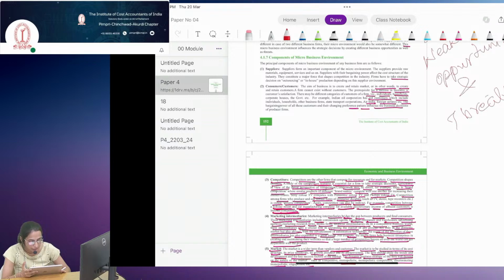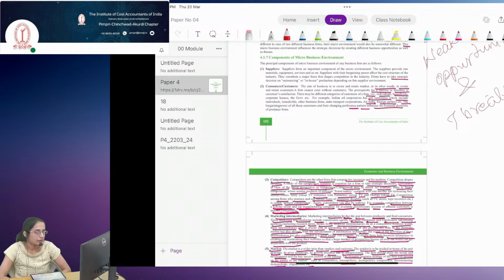There are many different categories of customers: individual households, corporate houses and government. For example, Indian Oil Corporation has customers which include individuals, households, state transport corporations, Air India, foreign airlines, etc. The bargaining power of all these customers and their changing preference pattern influence the business decisions of producer firms.